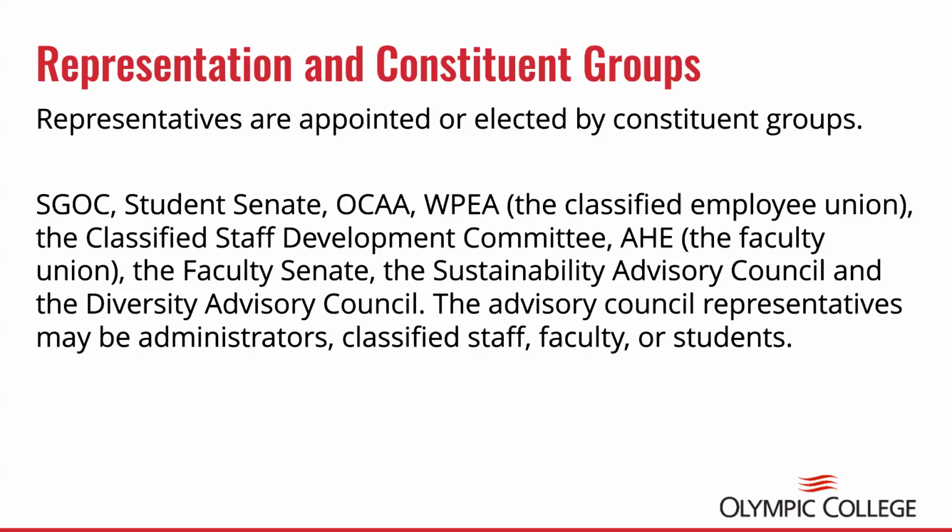WPEA, which is our classified employee union, and also the Classified Staff Development Committee, they both appoint our classified staff representatives. AHE, which is the faculty union, and also the Faculty Senate, appoint the representatives that are faculty.